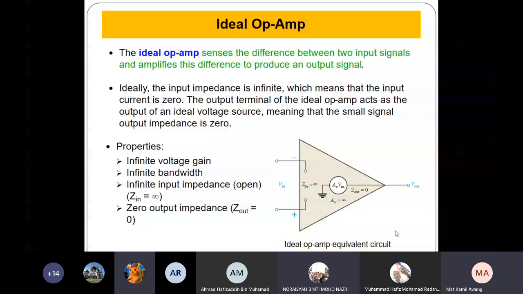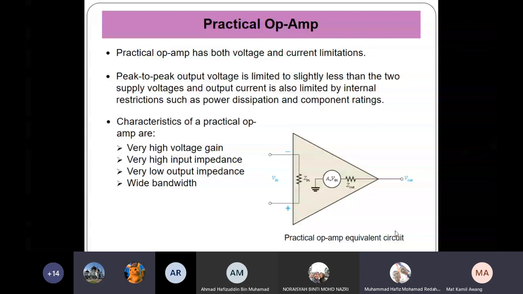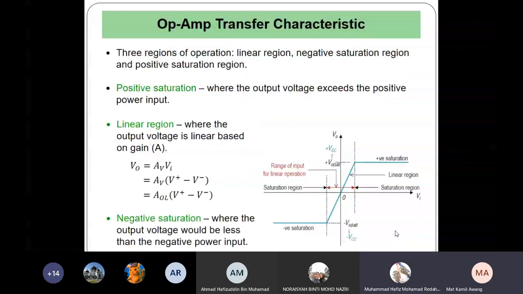AV is the voltage gain, and AOL is the open loop gain. OL is open loop.